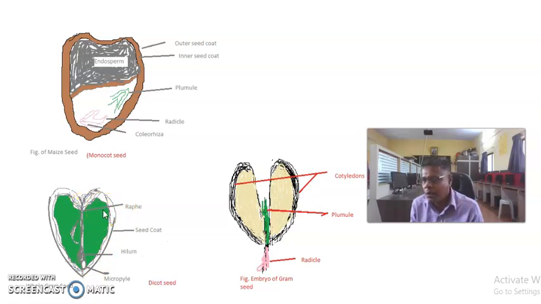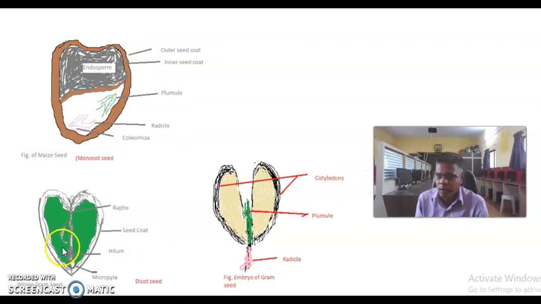The stalk is joined with the seed coat towards the upper side of the hilum, and a raised line-like structure is formed, known as the raphe. So students, we have discussed the different parts of the seed.